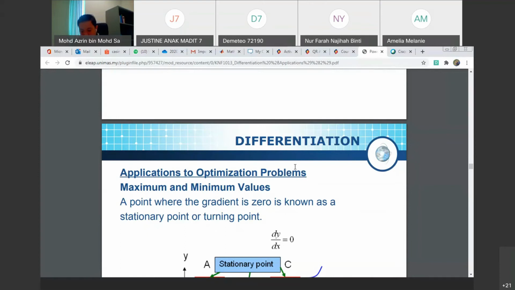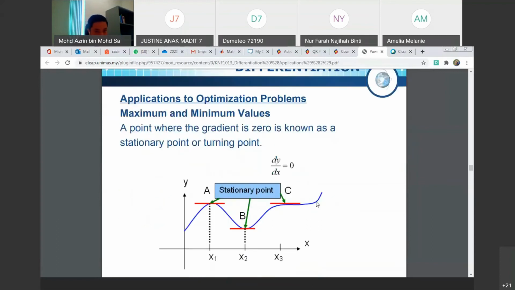Now we go to another engineering application, where we want to find the application to optimization problem to find the maximum and minimum value. Okay, it also applies to a curve in the graph where a point that gradient is 0 is known as a stationary point or turning point.